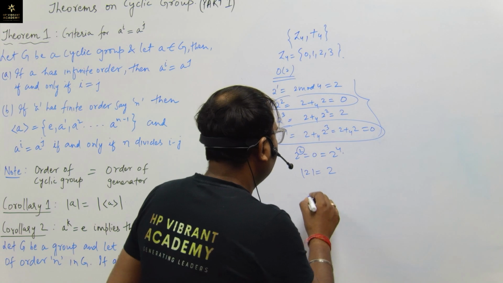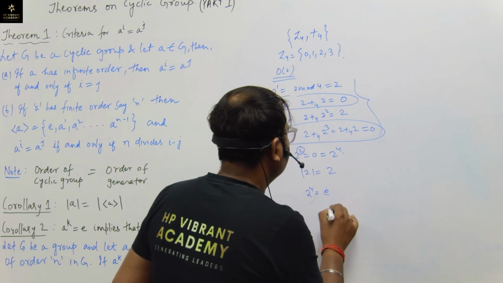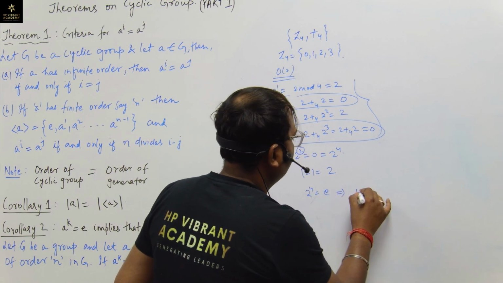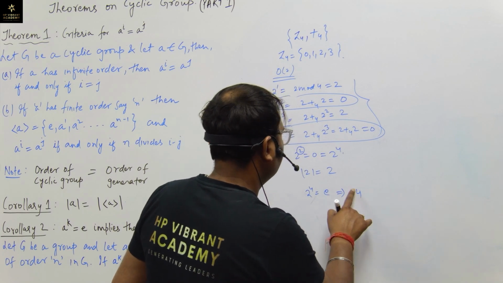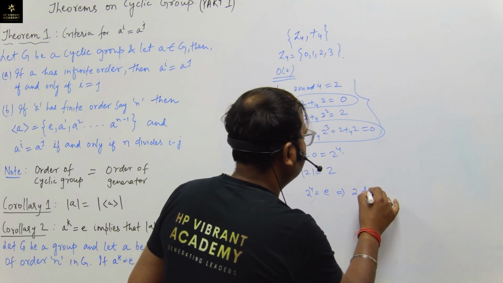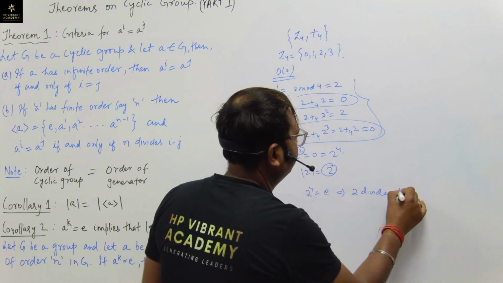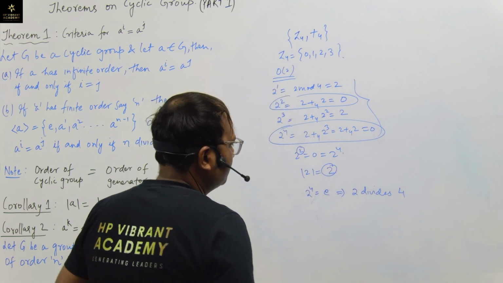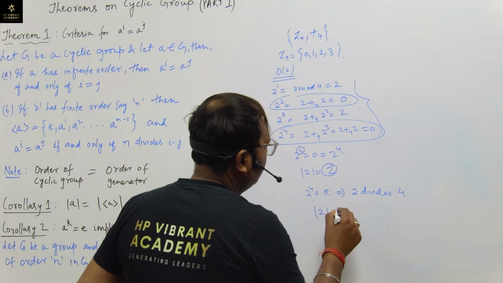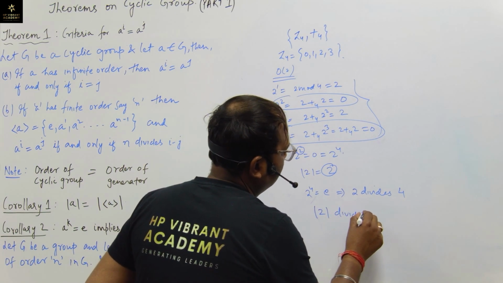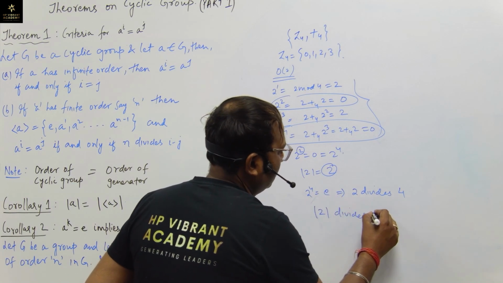And we have 2 to the power 4 is also identity. This means 2 divides 4, so the order of element 2 divides 4.